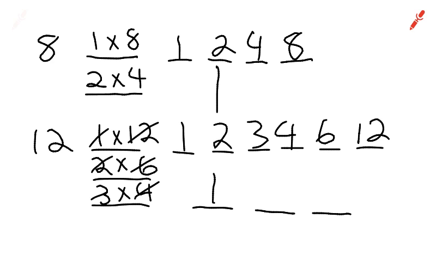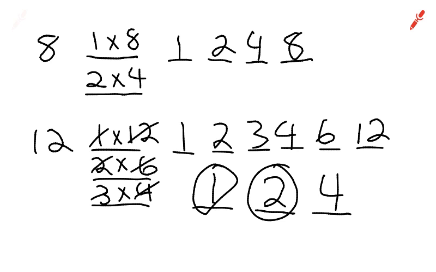They both have 2. So let's go ahead and put 2 down. And we have 1 more blank. They both have 4. So we'll write 4. And now we know that our common factors of 8 and 12 are 1, 2, and 4.